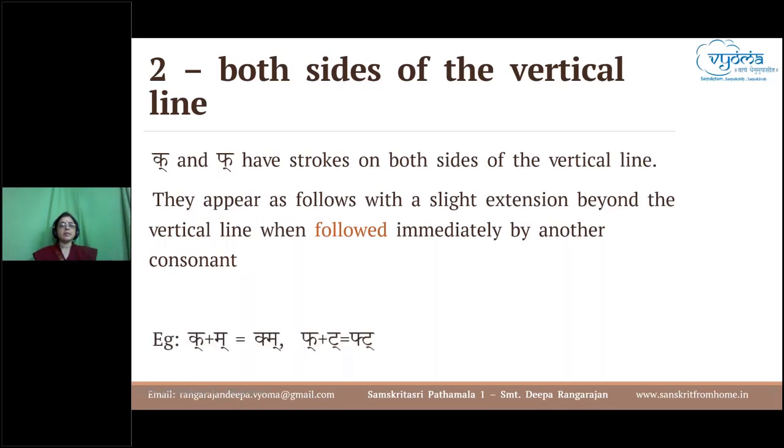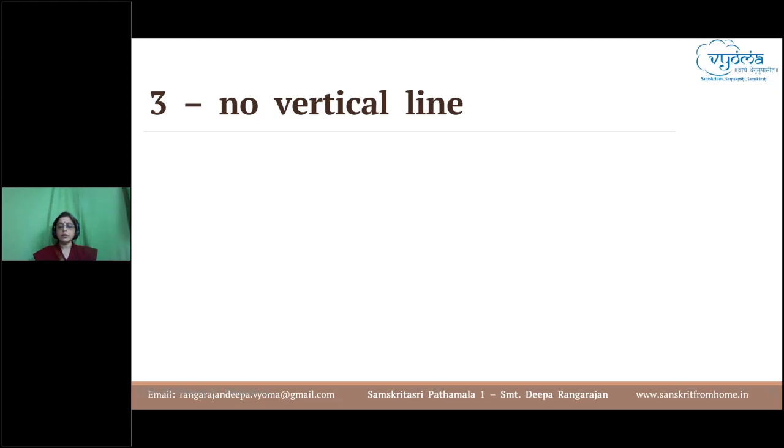The example given is k plus ma or k plus m, km. I will pronounce it as ma itself for ease of pronunciation. K plus ma, kma, p plus ta, ta. So this is how you deal with the second set of consonants, which are k and h.